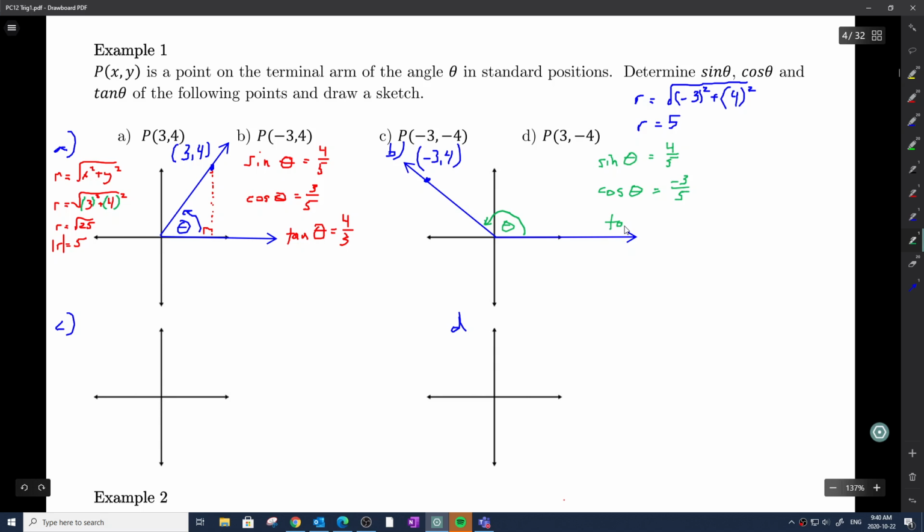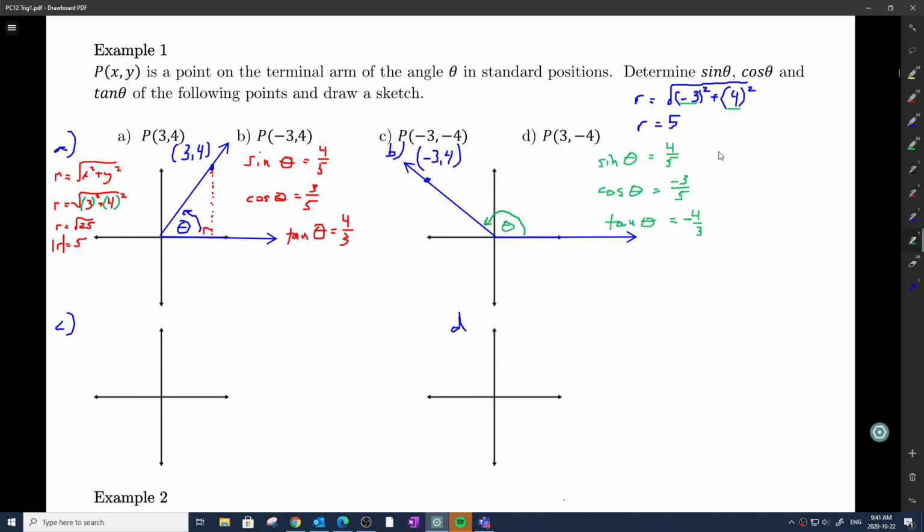The tangent of theta is going to be equal to my y coordinate divided by my x coordinate. So really, tangent theta was 4 over negative 3, and I wrote it as negative 4 over 3. Be careful when you are calculating the length of your radius vector. Negative 3 squared is 9, plus 4 squared is 16. So 9 plus 16, still have a radius vector of 5 here.